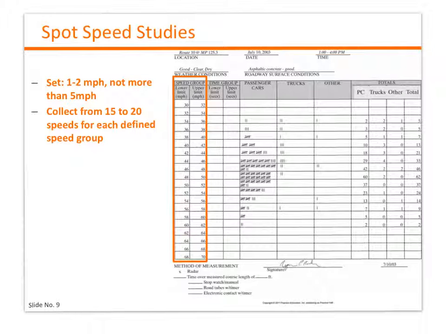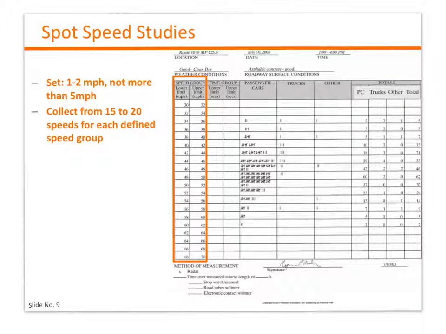simply because you want to have a good estimate of how many cars per certain segment of the speed, because eventually we are going to develop a normal distribution for the statistical analysis, which includes the average, standard deviation, the 85th percentile, as well as the pace. Also, it is recommended to collect somewhere between 15 to 20 speeds for each specified speed group.